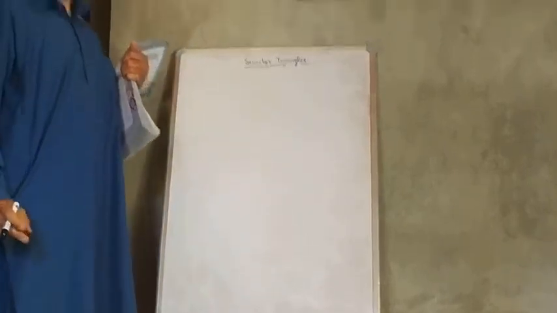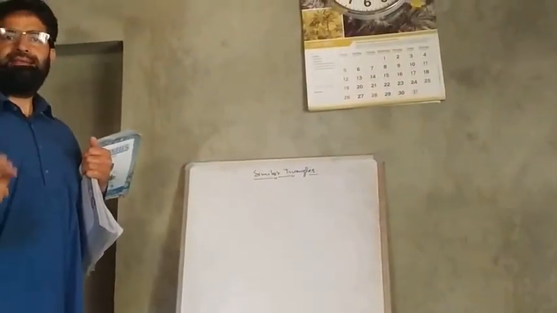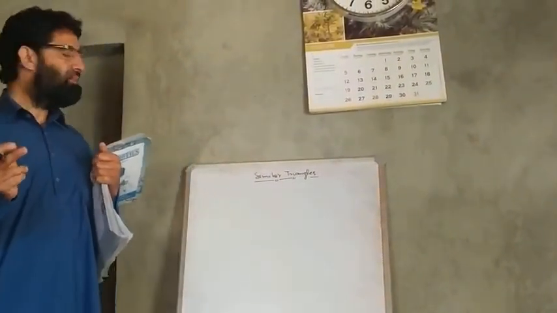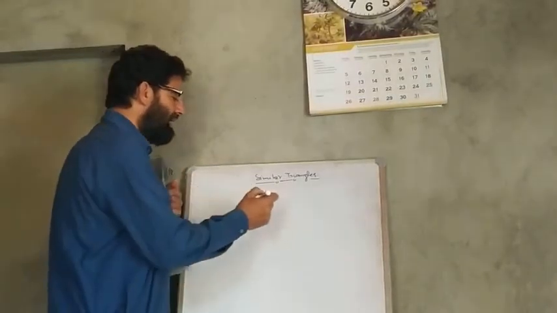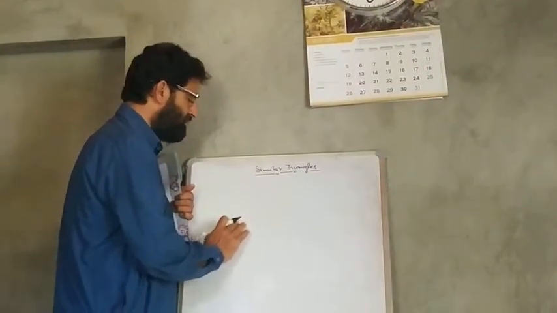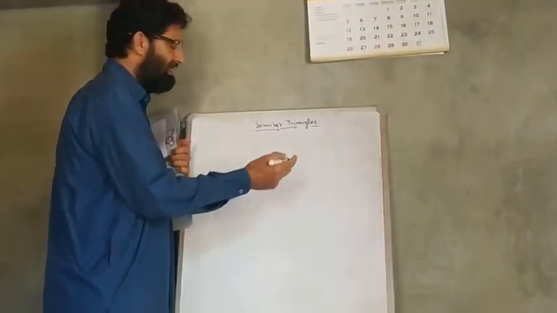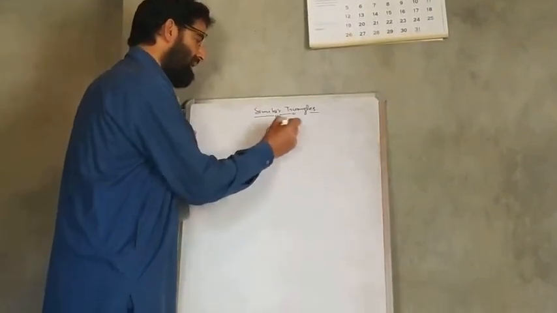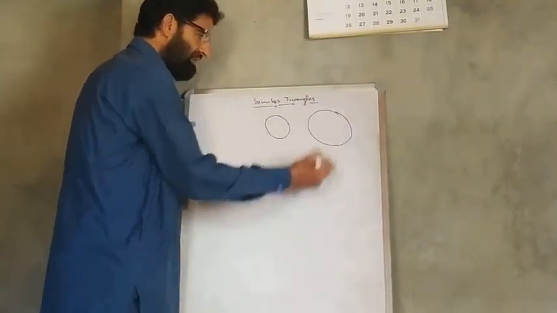For congruency of two figures, their size and shape should be equal, but for similarity, their shape should be the same. Suppose this is a circle and this is a bigger circle.